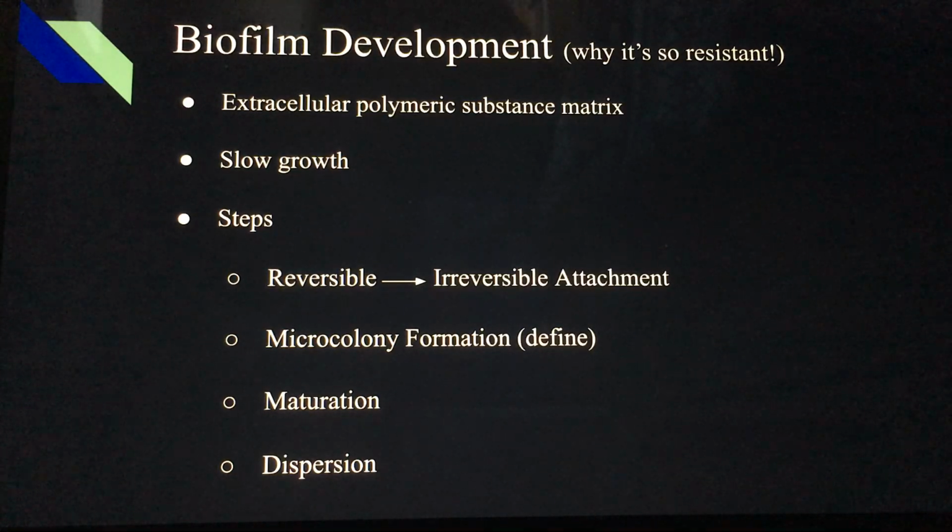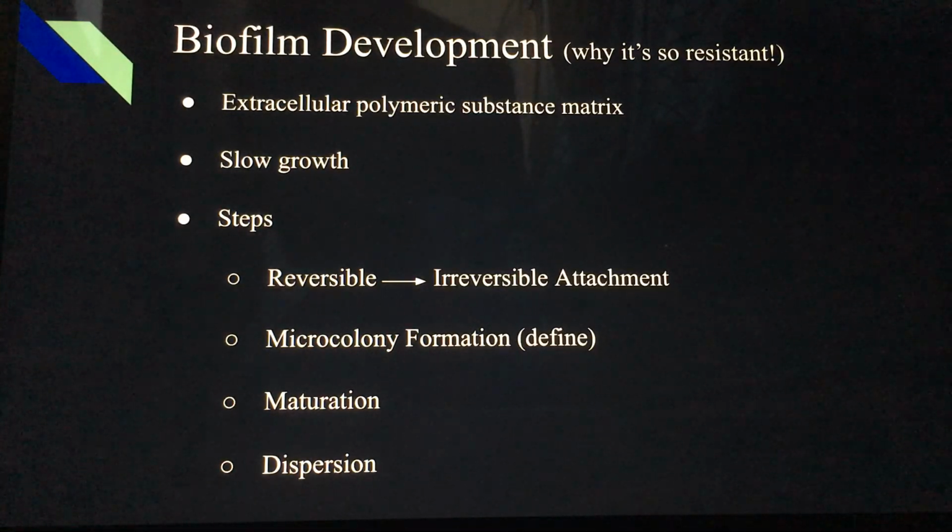So, biofilm development. Biofilms are encased in an extracellular polymeric substance matrix which acts like a barrier. This barrier keeps the microbes protected from harsh substances such as sanitizers and antibiotics by blocking their entry.